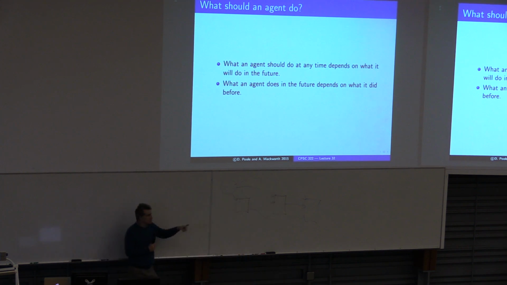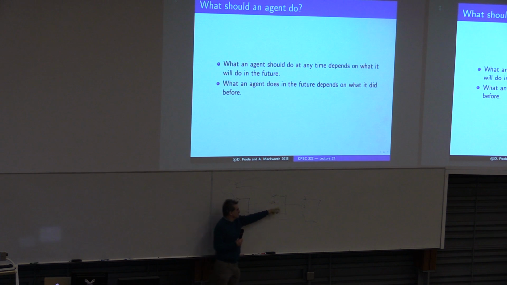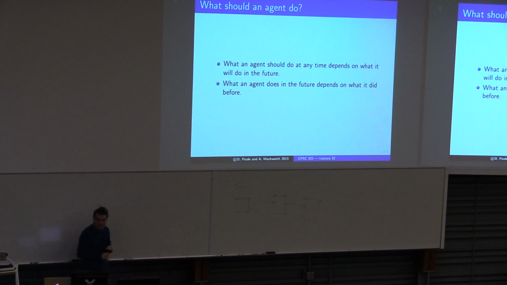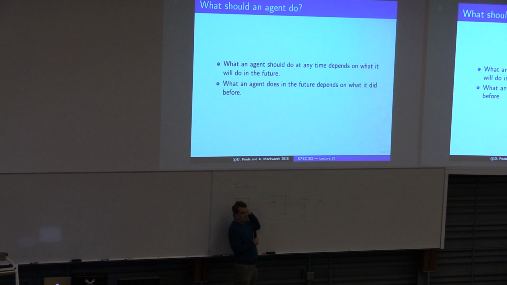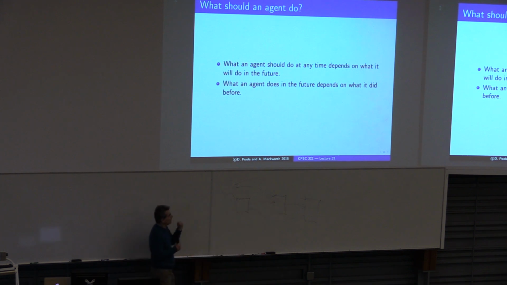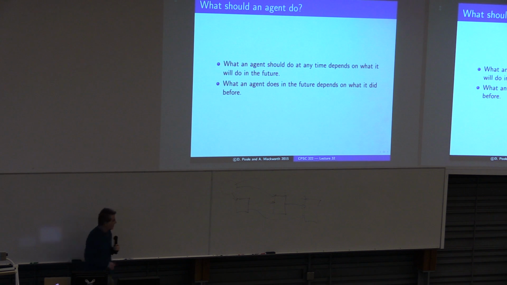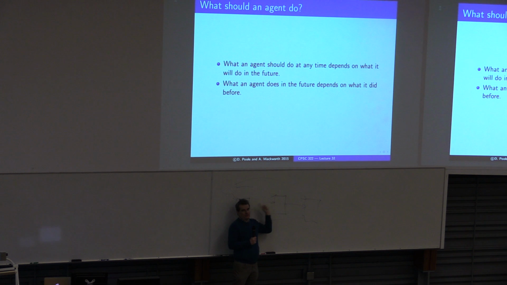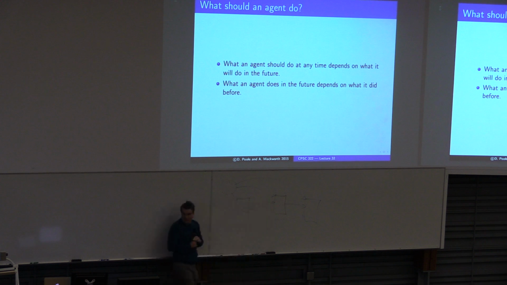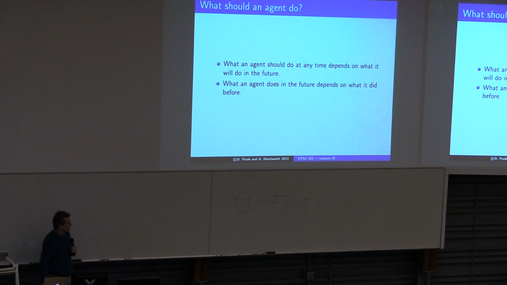If you weren't going to do that, then maybe there's not much point in paying attention. But what the agent does in the future depends on what it did in the past. So we have this chicken and egg problem of trying to work out what an agent should do at each of these decisions, because they all affect each other in the past and in the future. And we have to somehow work out how to solve that problem.